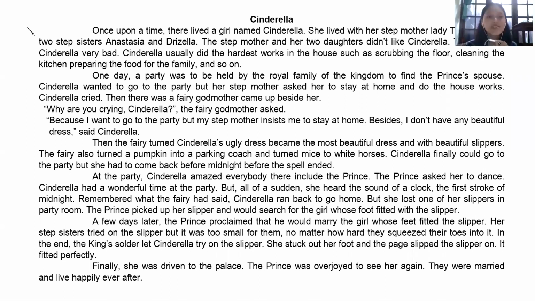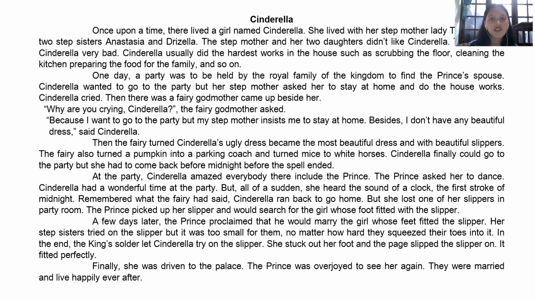Okay. Let me tell you the generic structure from this story. Basically, like what Dewa and Dwi and Satyadi said before, the generic structure of Cinderella. First, the orientation is the part where the characters are introduced.